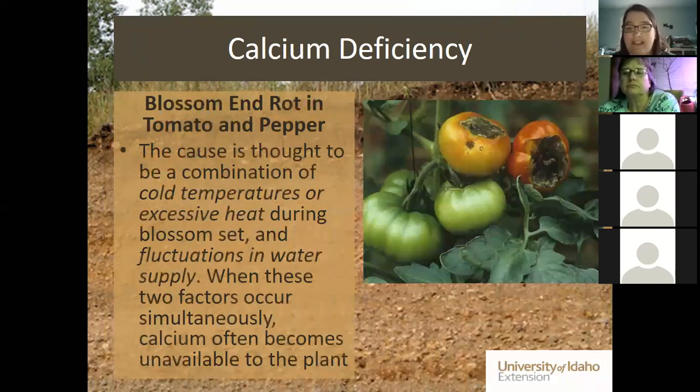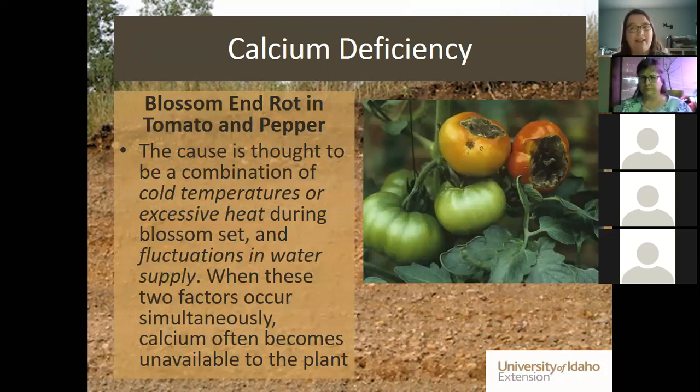Calcium deficiency. So we see blossom end rot in tomato and pepper. I've even seen it in squash. We have very high calcium soils, so how do we still have tomatoes that have a calcium deficiency? This is actually brought on by cold temperatures or excessive heat when the blossoms are setting, and fluctuations in the water supply.